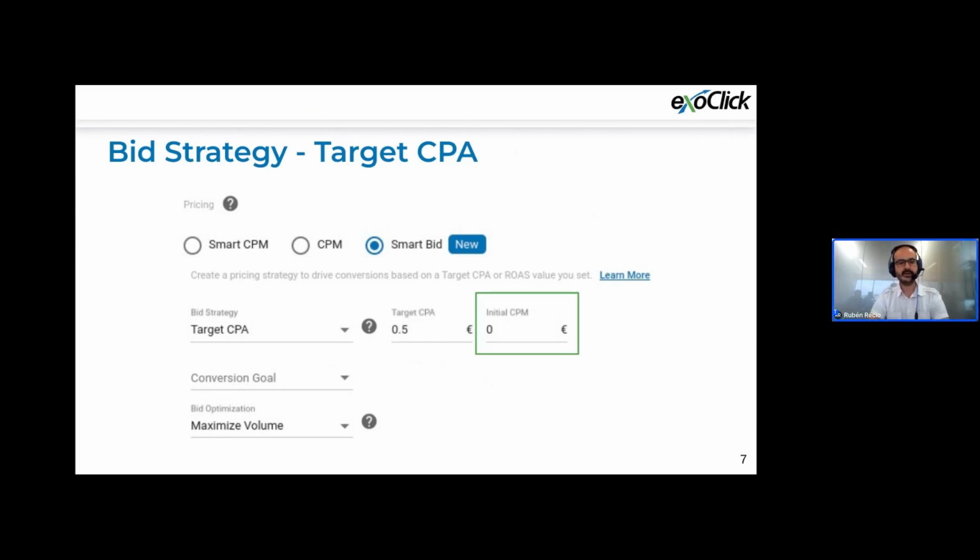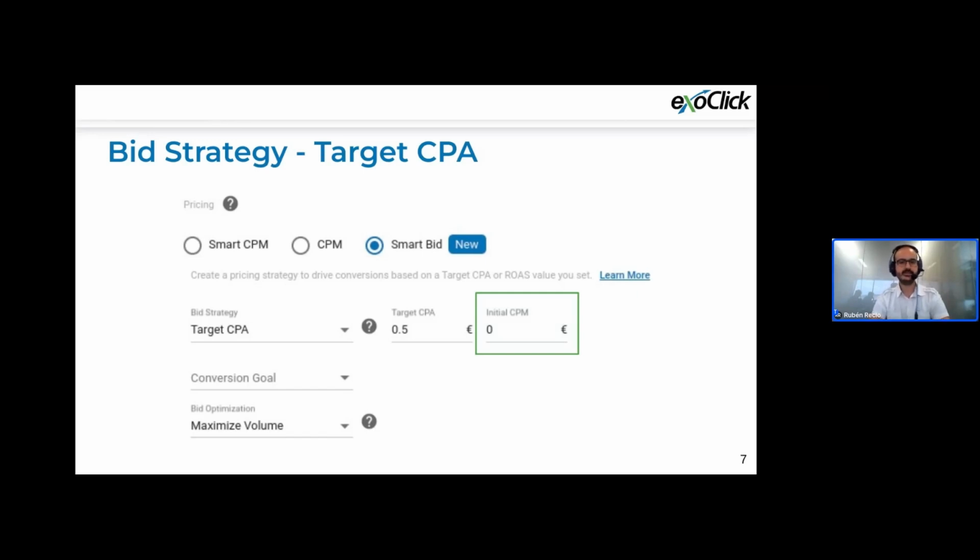Before we're able to determine the likelihood of conversion, you as an advertiser need to specify the initial smart CPM or smart CPC bid that you want your campaign to run with before we reach that likelihood of conversion from the various segments that you're receiving.